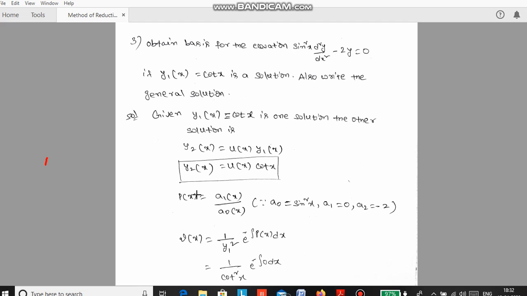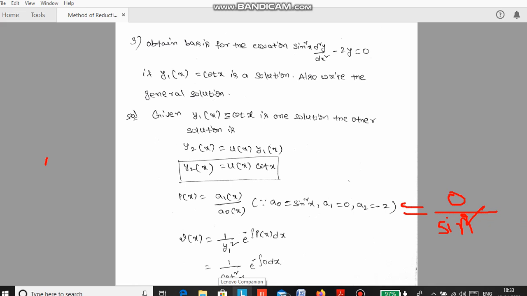So p of x is equal to a1 of x, which is 0, divided by sine square x. 0 divided by sine square x becomes 0. So p of x value is 0.